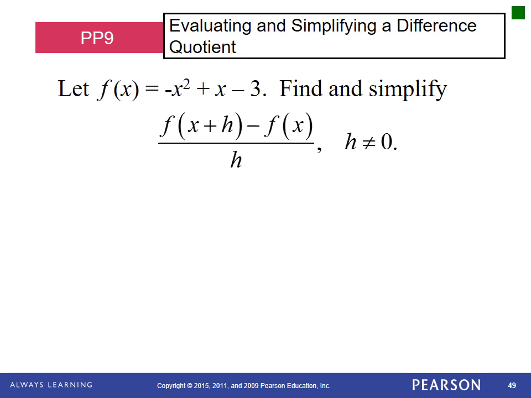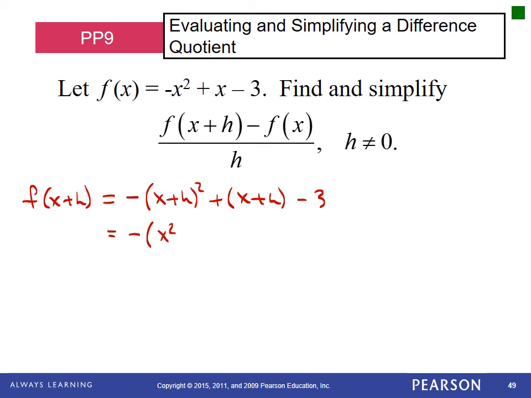All right, let me give you at least a part of the answer. Let me calculate f of x plus h for you. Let's see if we at least have that correct before we start plugging everything in here. So negative x plus h squared, that'll be x plus h minus 3. Expanding out x plus h would give x squared plus 2xh plus h squared.